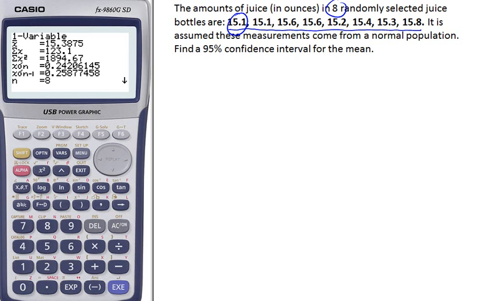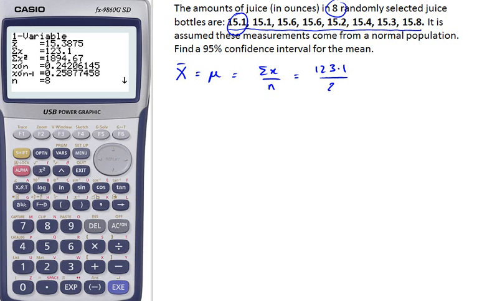Now remember, the examiner will expect to see how you've calculated these things. So first of all, our mean, which of course is a best estimate of our population mean, is equal to the sum of x divided by n. So we can helpfully explain how we arrive at that answer by copying down those values.